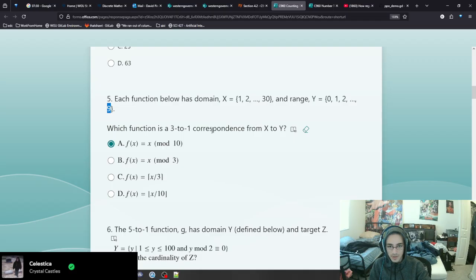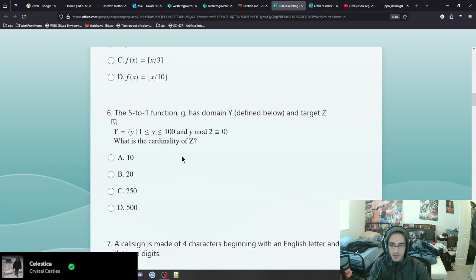So that does not work, right? And this one just doesn't make sense. Why would you divide by 10? That's gonna give you so many. Yeah, that's not right. Alright, I think that's correct.